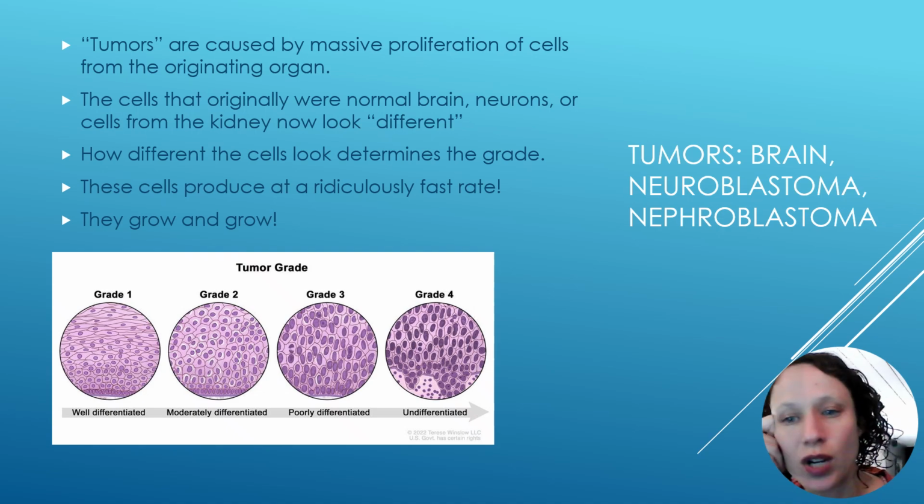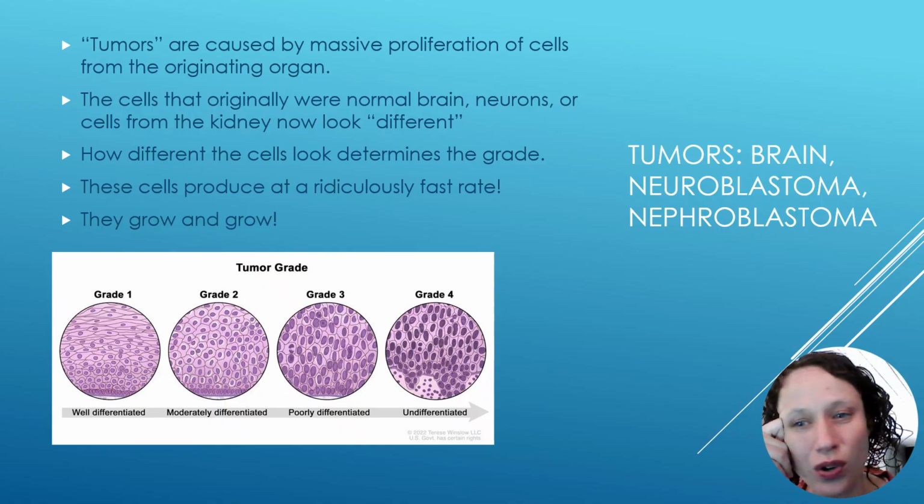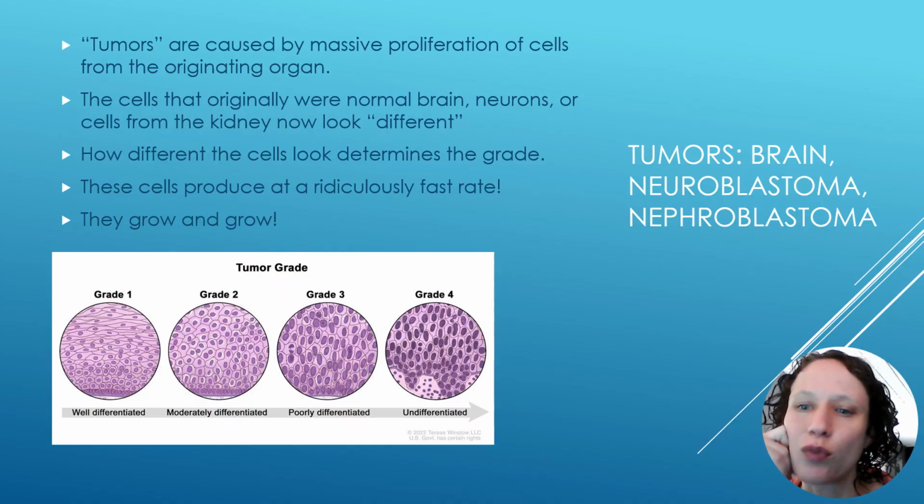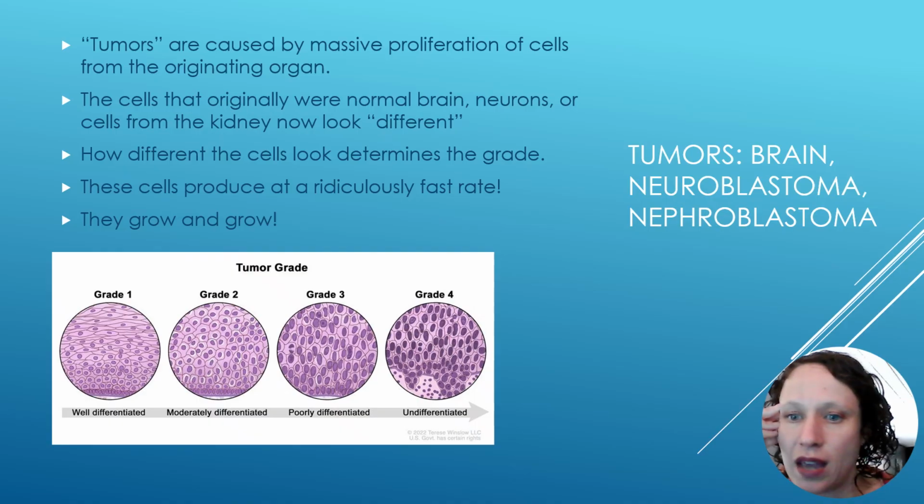When it starts to differentiate more and more, it looks more and more different. These are the cells that we consider cancer, right? This is abnormal proliferation of cells that were not the original cells. That's bad, okay? They grow at this ridiculously fast rate, and that's what I was trying to tell you about when we were talking about how exhausted somebody with cancer is, because they're burning through their energy stores.